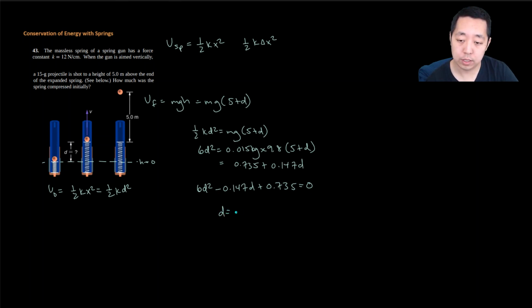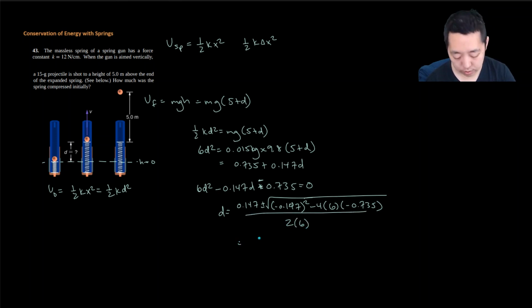And so d, using the quadratic formula, is plus or minus the square root of negative 0.147 squared minus 4 times, oh, this would be minus right here, 6 times negative 0.735, that's 4ac, over 2a, which is 2 times 6.